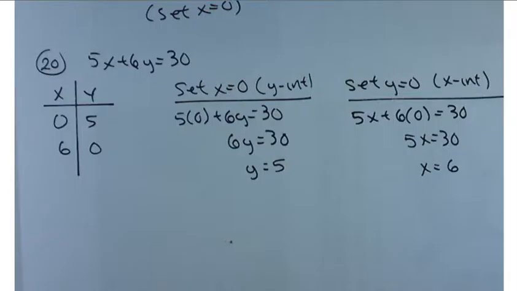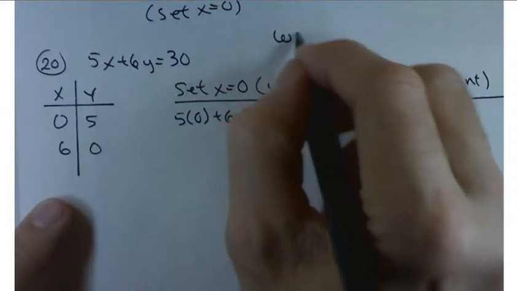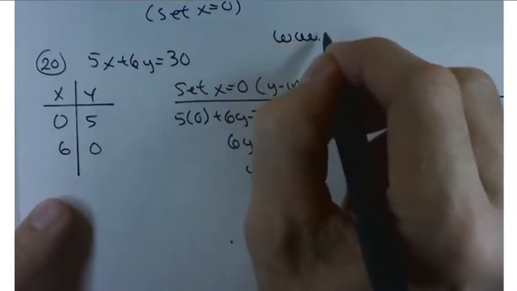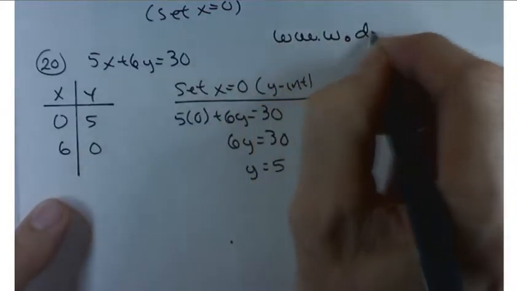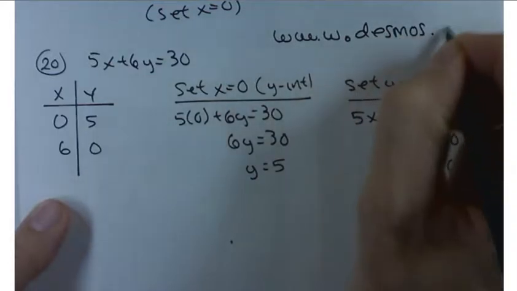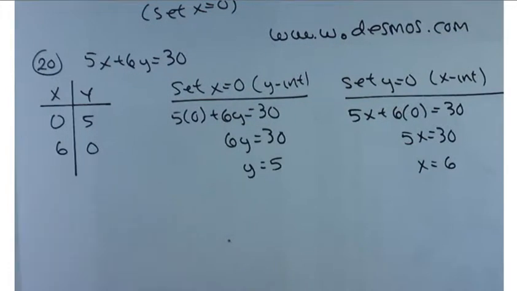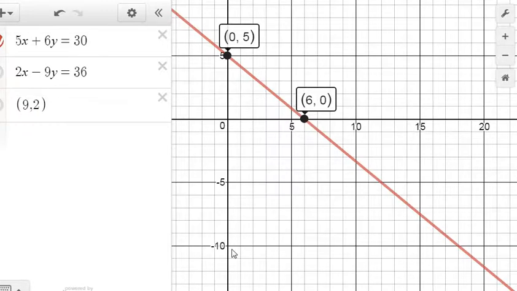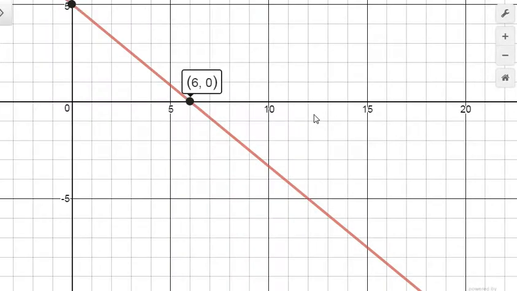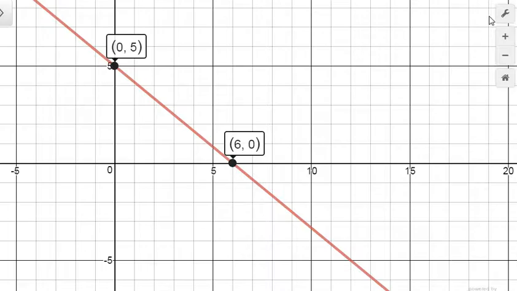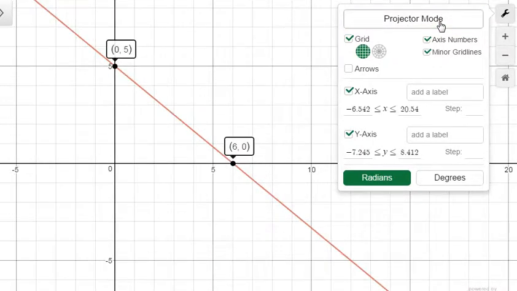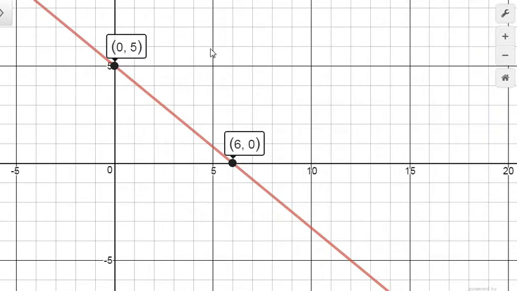But let me show you a cool website that you might find useful. www.desmos.com. It's handy for graphing things. So let's take a quick look at the graph of this, just to make sure that it matches our expectations. So you go there. Sometimes what I'll do is I'll hit the toolbar and hit projector mode. That way it makes the line darker.